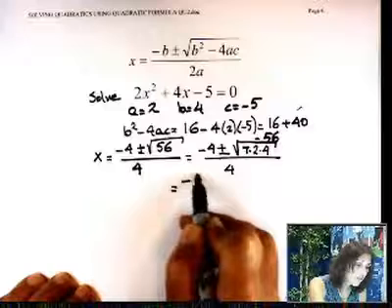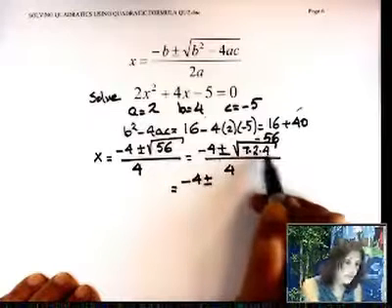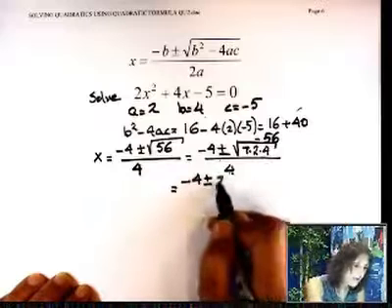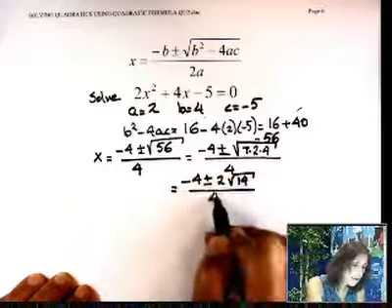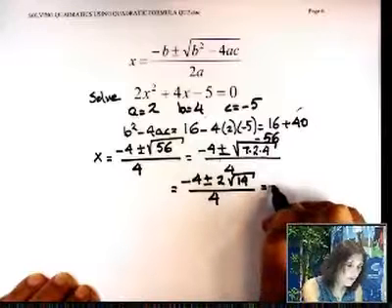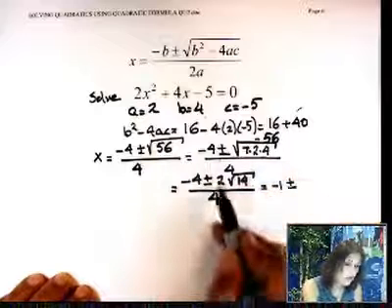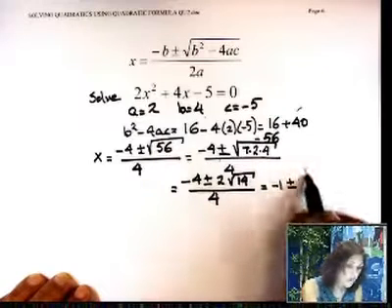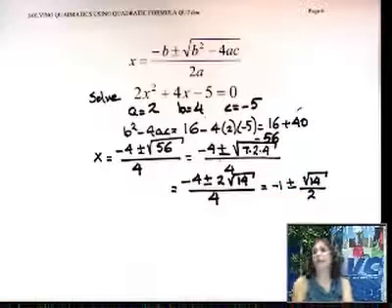What's that? Negative 4 plus or minus, 2 comes out, and you have the square root of 14. If you clean this up, you're going to end up with negative 1 plus or minus, 2 over 4 is 1/2, root 14. You can do it that way. All right?